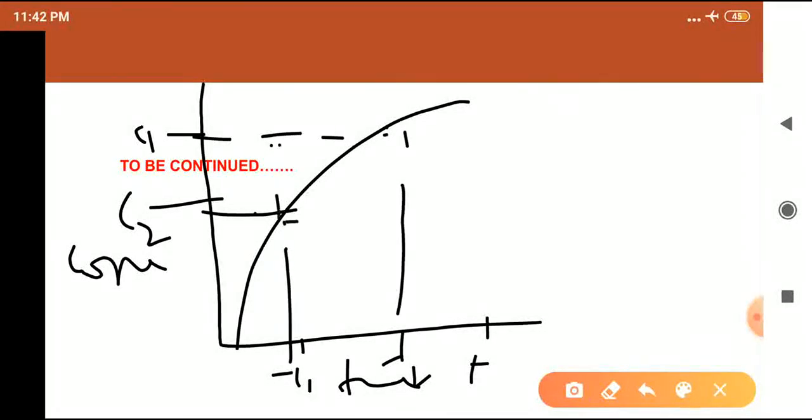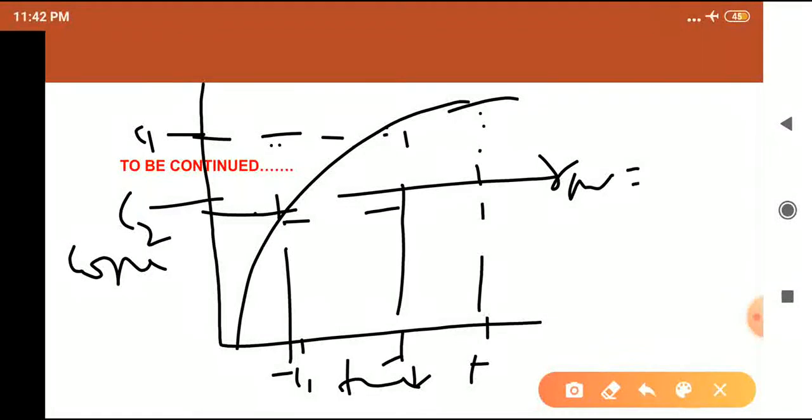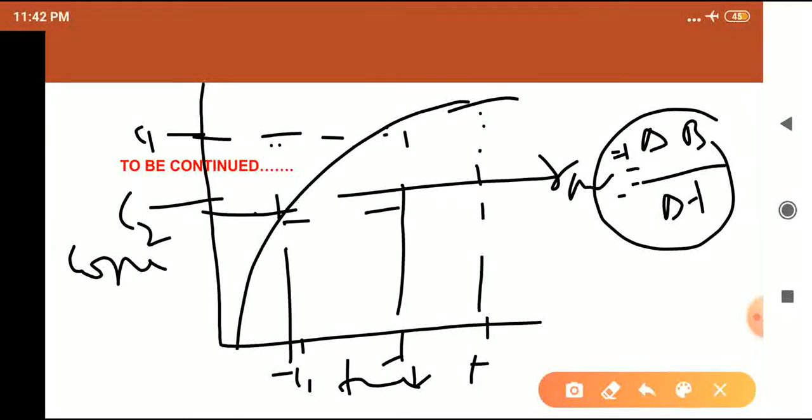This graph gives us the average rate of the reaction for products, which is equivalent to change in concentration plus divided by change in time. And from this we get a slope here. From this slope we can calculate the instantaneous rate of the reaction, which is equivalent to dB by dt.